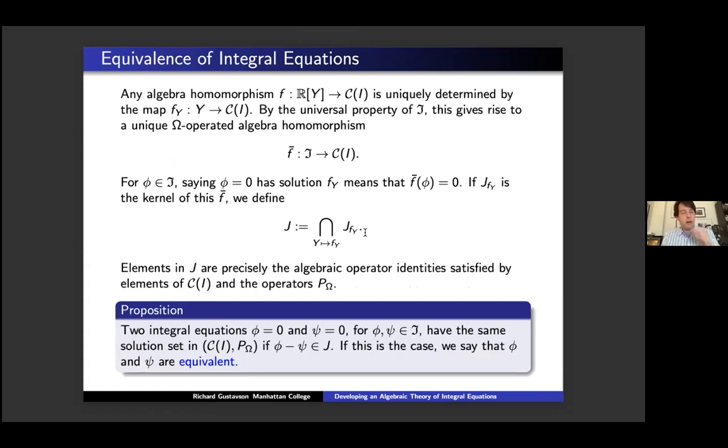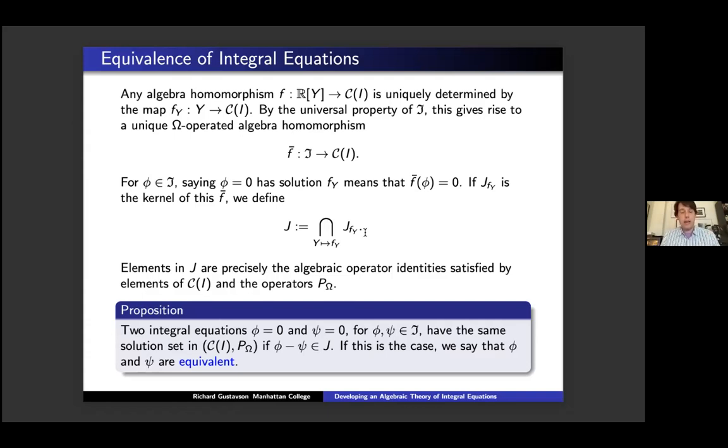So we have some collection Y1 up to YN, and we want to specify Y1 is this function, Y2 is this other function, and so on. And that defines a homomorphism from this polynomial algebra R of Y into the algebra of continuous functions.